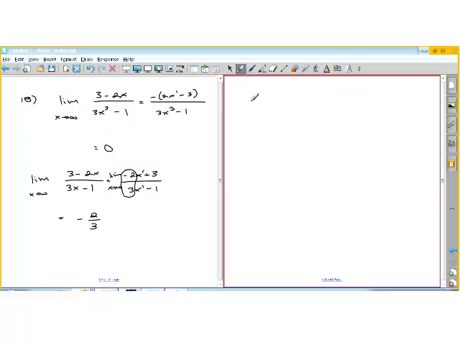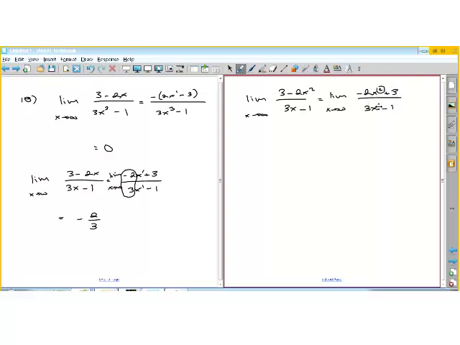And then the third one, the limit as x approaches infinity of 3 minus 2x squared over 3x minus 1, which again, I can rewrite. So you have negative 2x squared plus 3 over 3x minus 1.